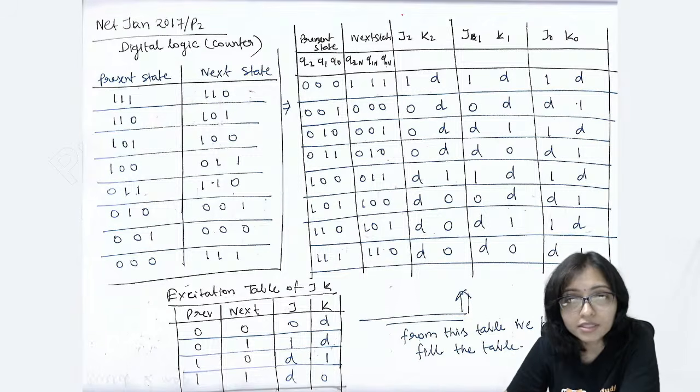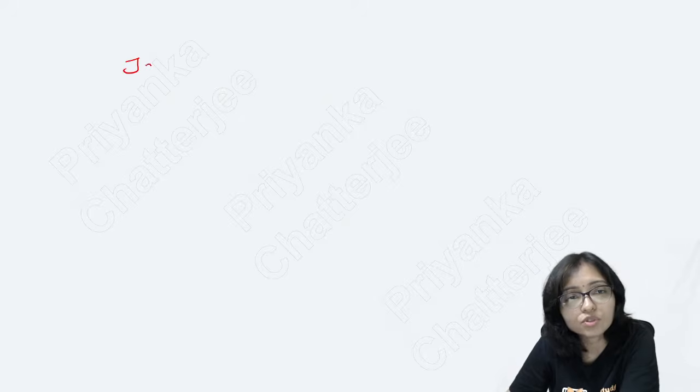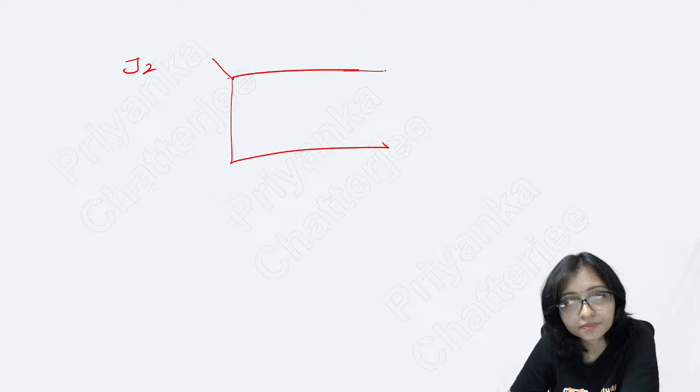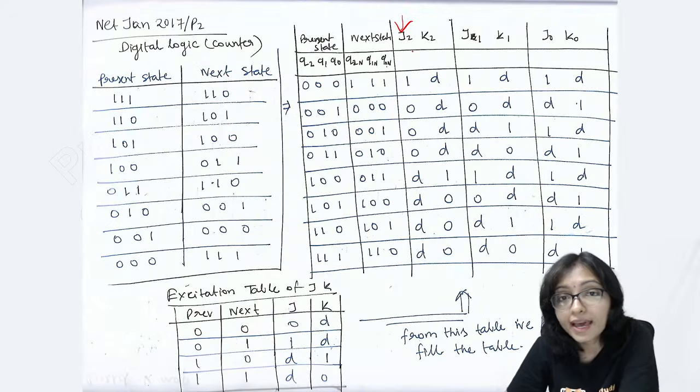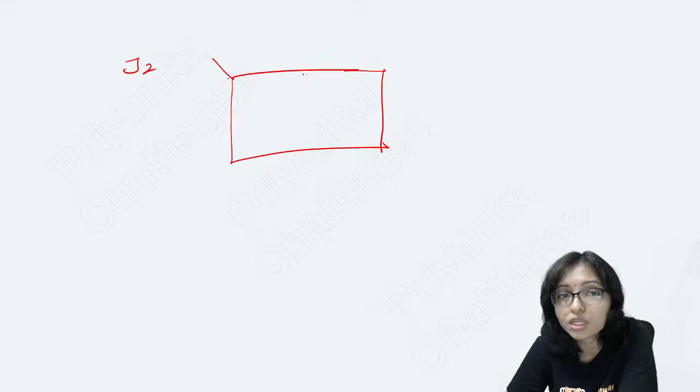I am filling J2, so I am doing J2. For J2, I have to fill this value. How can I fill the value regarding Q0, Q1, Q2?